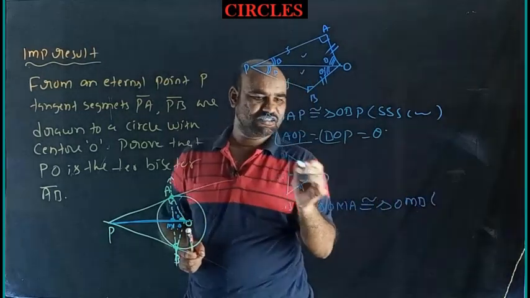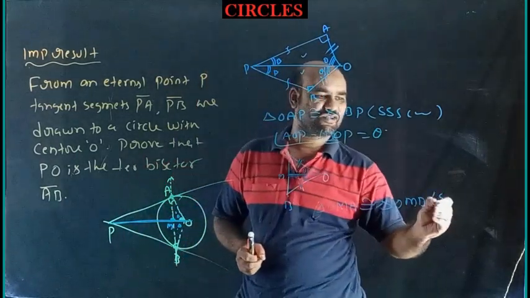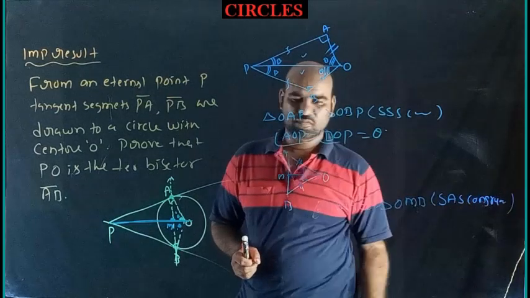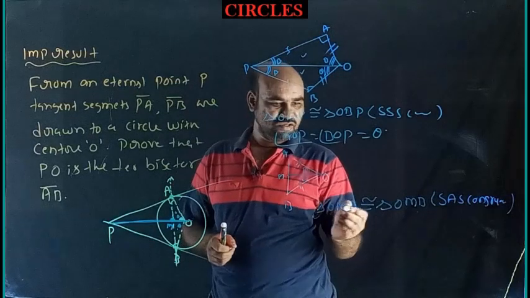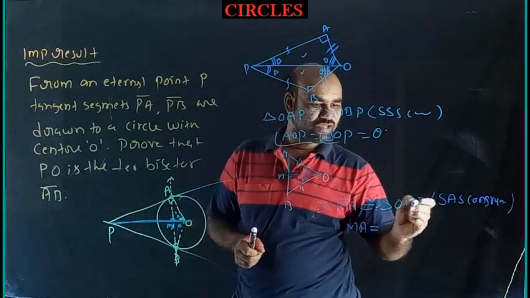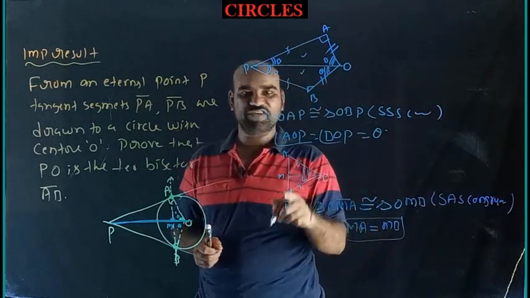See here, this side equal to this, this is common, and included angle equal. SAS congruency. Okay, if two triangles are congruent, their corresponding parts are equal. MA equal to MB.